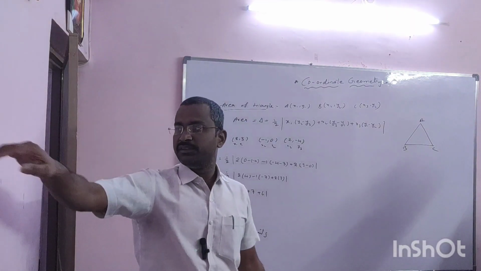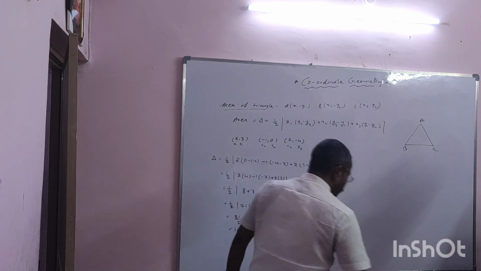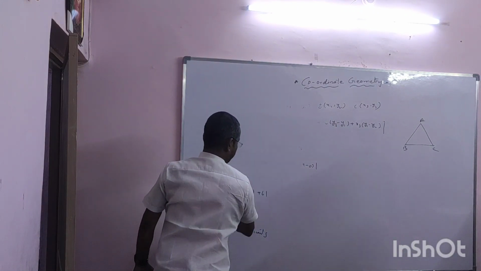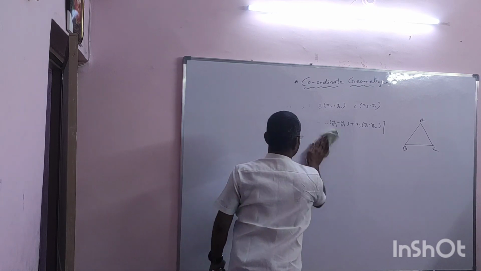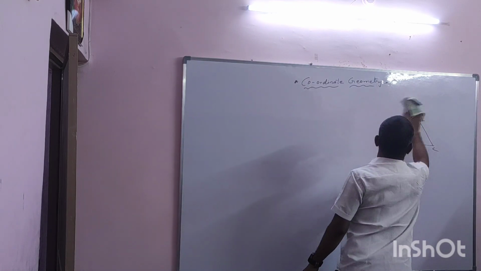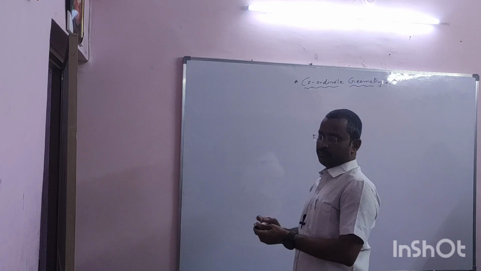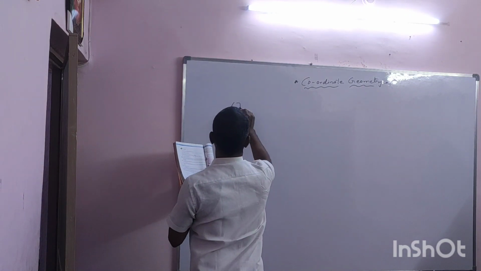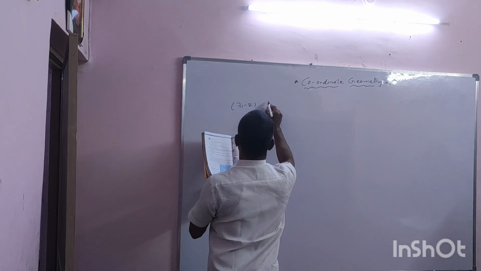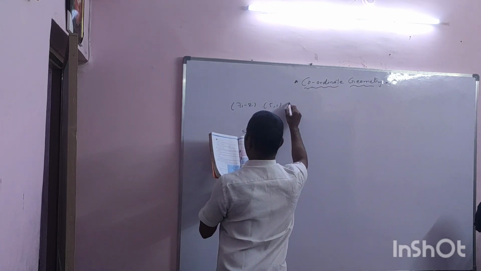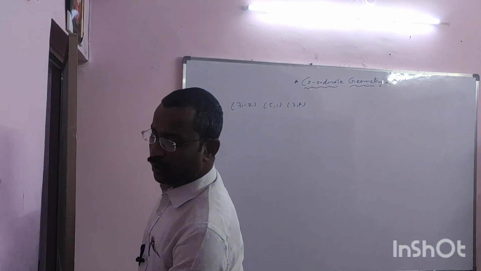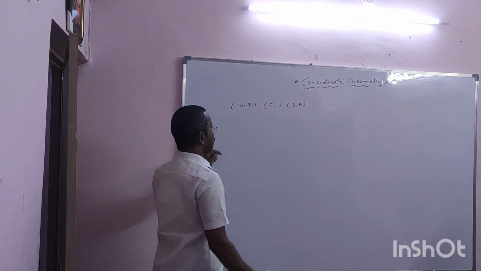The same type of question, we will check it. 7 comma minus 2, 5 comma 1, 3 comma k. He is saying that these points are collinear, find the missing value.